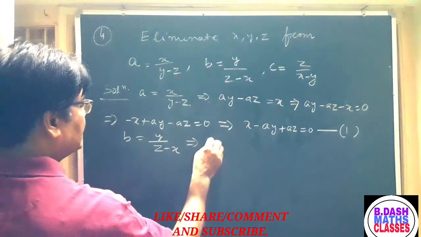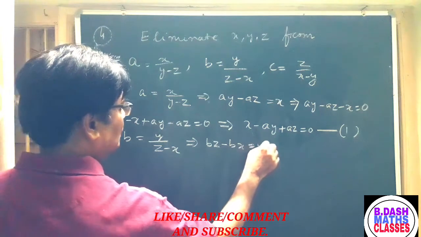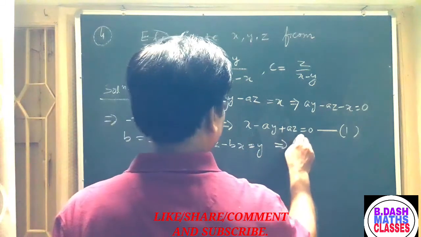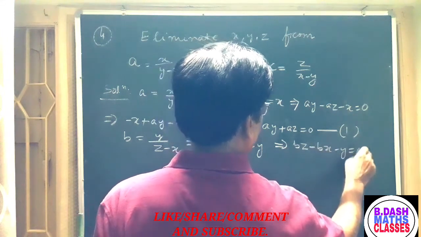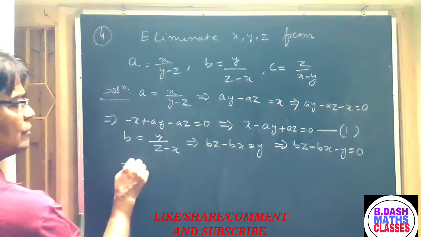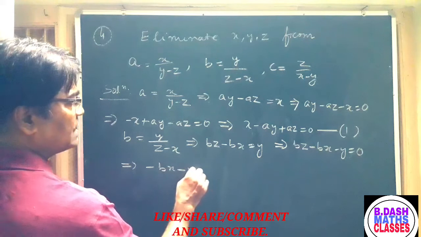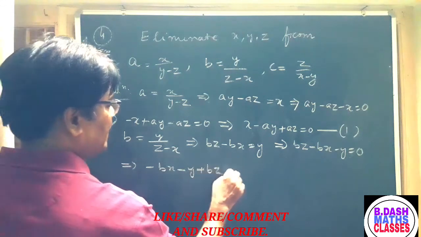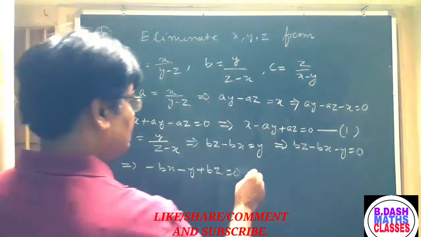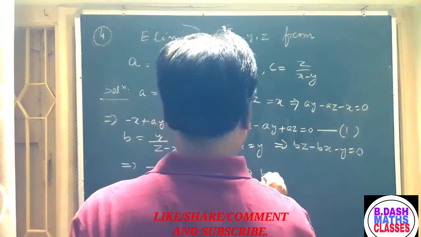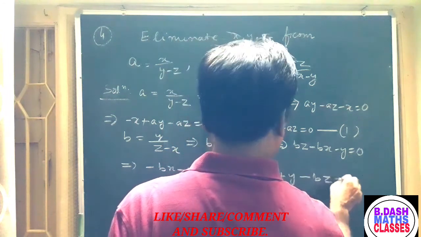So this implies bz minus bx is equal to y. This gives you bz minus bx minus y is equal to 0. So we can write minus bx minus y plus bz is equal to 0. So this gives you bx plus y minus bz is equal to 0.